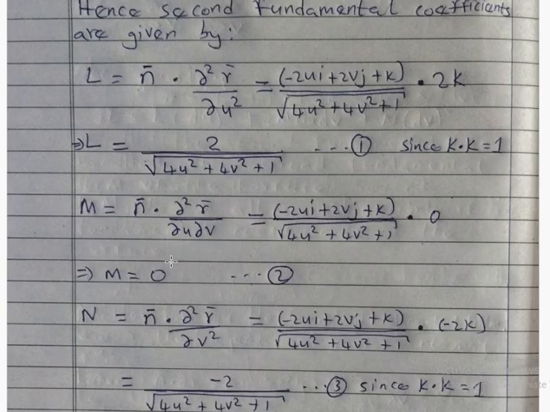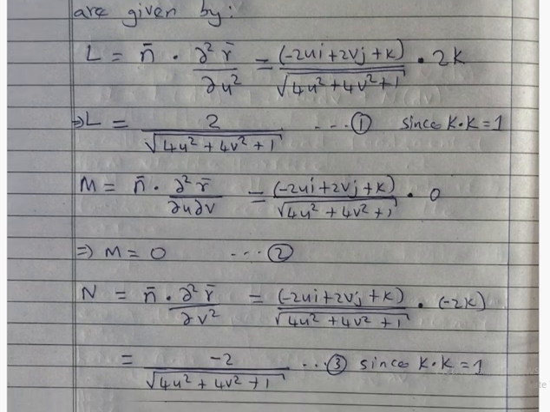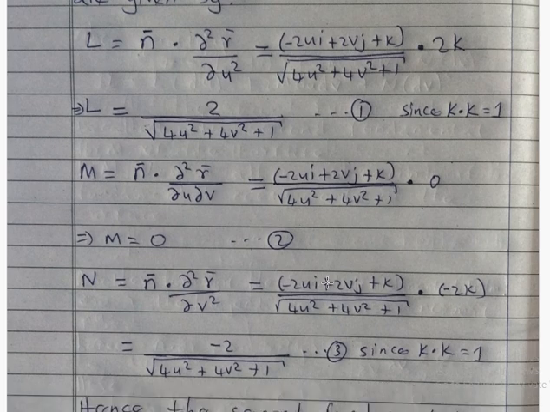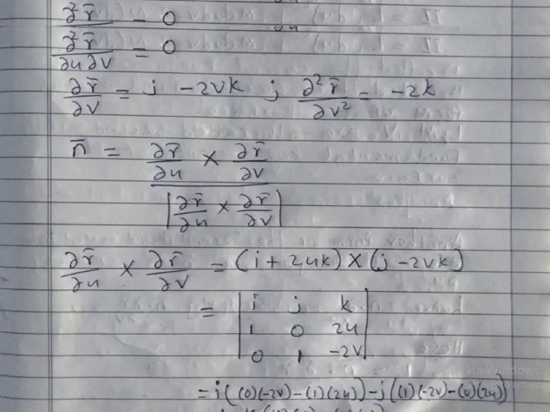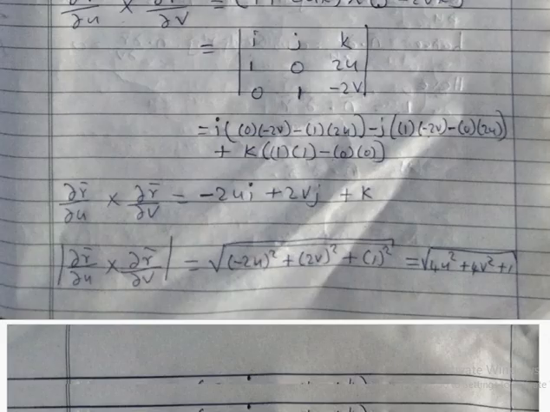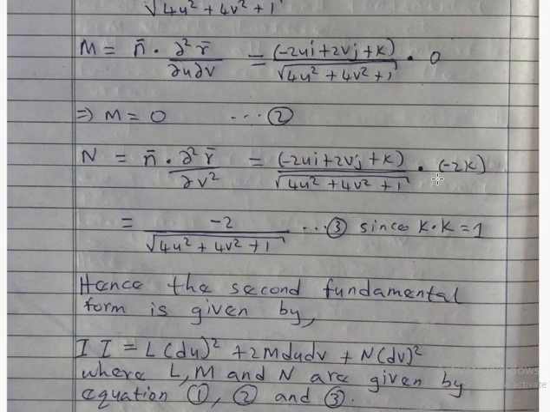Then lastly we find capital N, which is the same as unit normal n dot the second derivative of r with respect to v, and we had seen that the second derivative of r with respect to v is equal to negative 2k. So we'll take the unit normal dot negative 2k, and negative 2k can also be written as 0i plus 0j minus 2k.